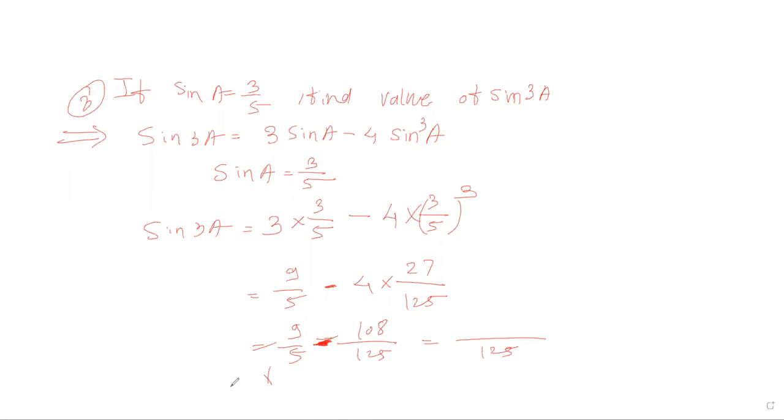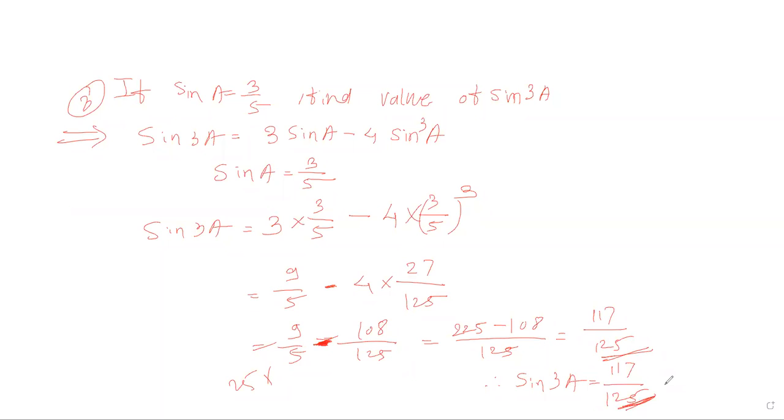So numerator multiplied, denominator multiplied. 25 multiplied by 9 is 225, 225 minus 108. 225 minus 108 is 117. 117 upon 125. So this is the value of sin 3A. Therefore, sin 3A is equal to 117 upon 125.